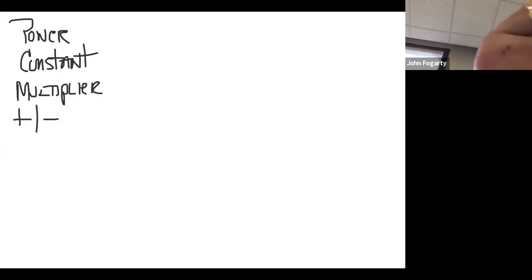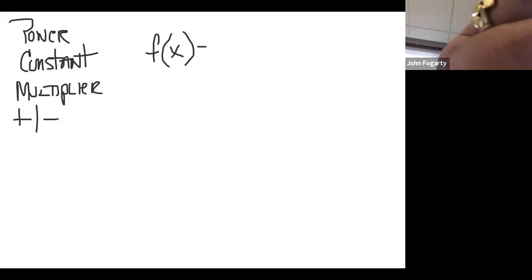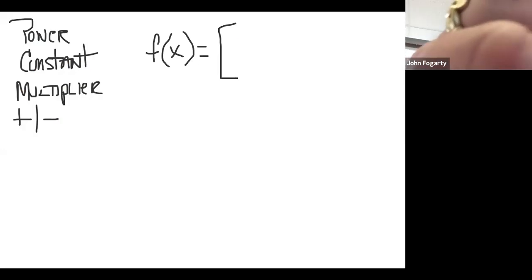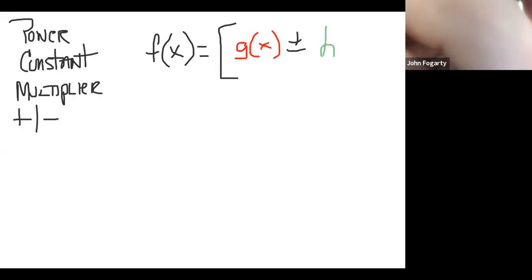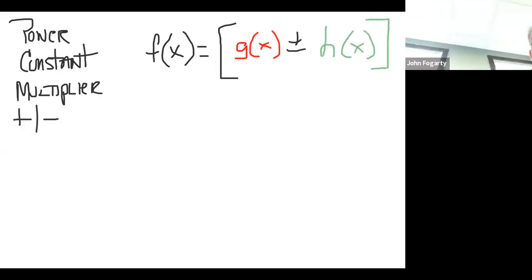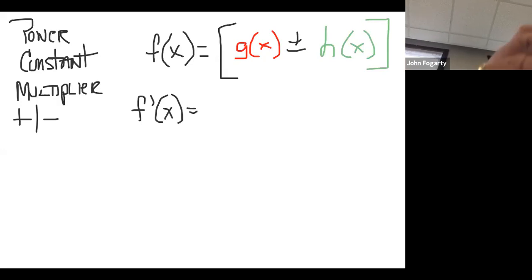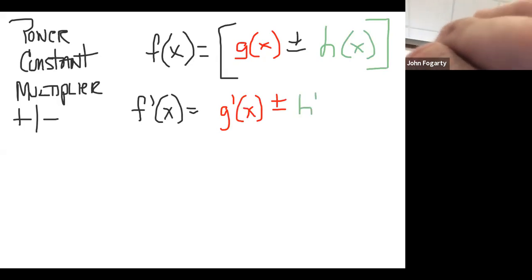If you have a function, f of x, and that function is made up of, let's say, g of x, and then we're going to go either plus or minus another function, h of x, well, all this rule says is f prime of x equals g prime of x, either plus or minus h prime of x.